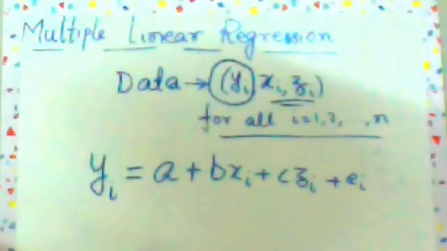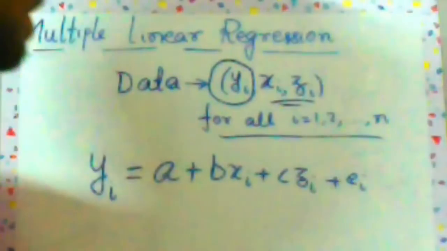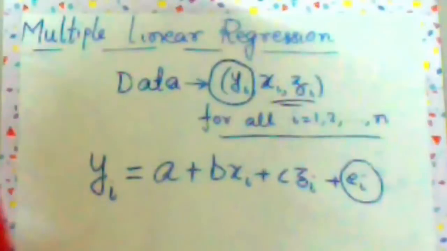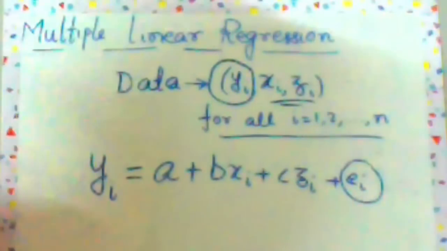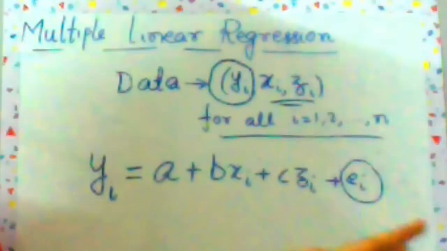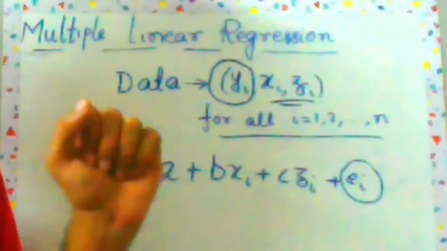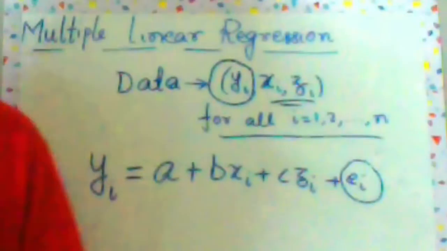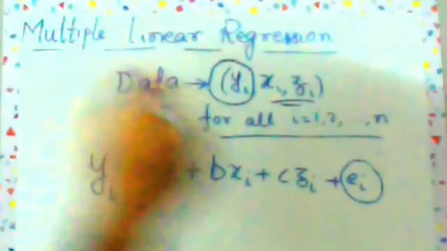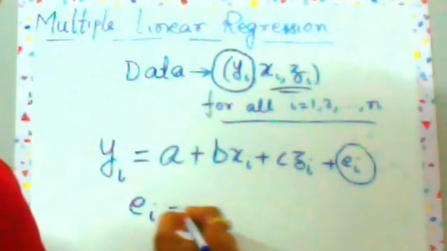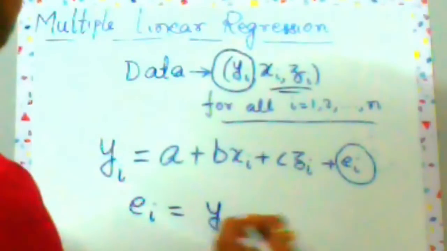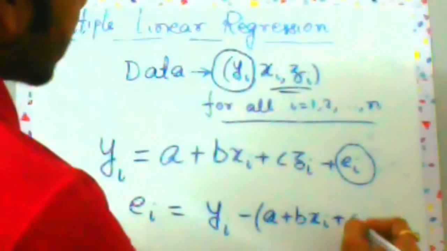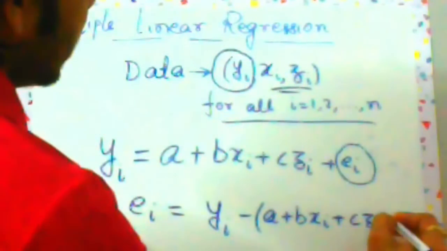Now over here we know that e_i is the error, and we want to reduce this or minimize this. So minimizing the error or residual is the main task of this mathematical exercise. So let's just collect all the terms to one side to understand the error term. So e_i will be equal to y_i minus (a plus b x_i plus c z_i).